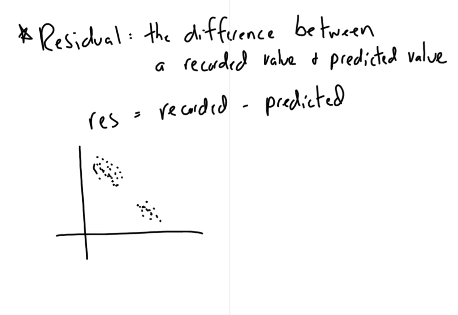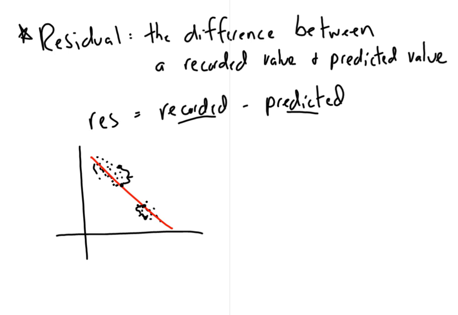So here's a terrible scatter plot, but whatever. There's an even worse line of best fit, but okay. So the residual would be this distance right here for this particular x value. For every data point there would be a residual, the difference between that and the line of best fit.